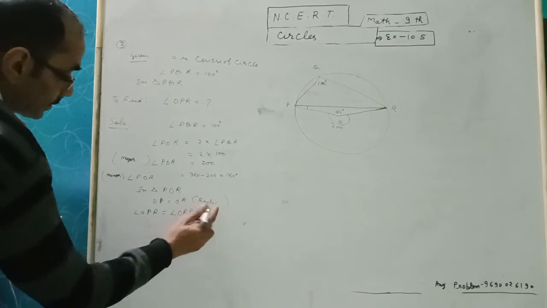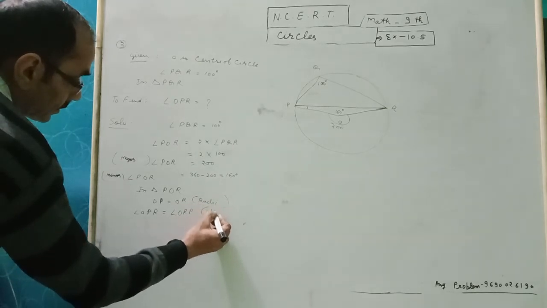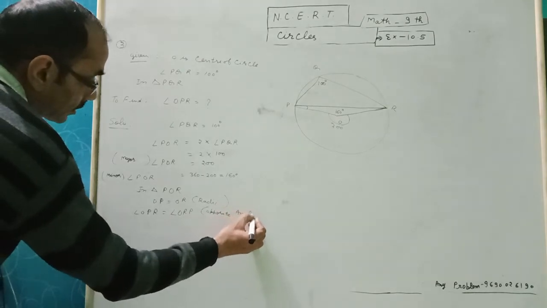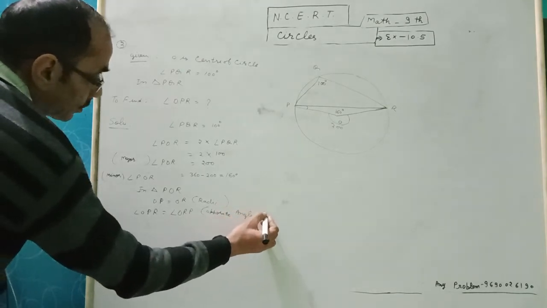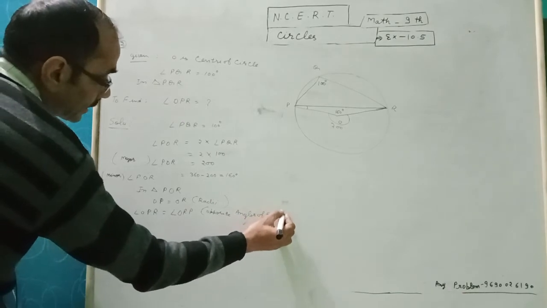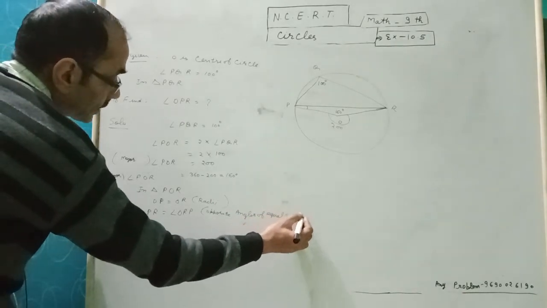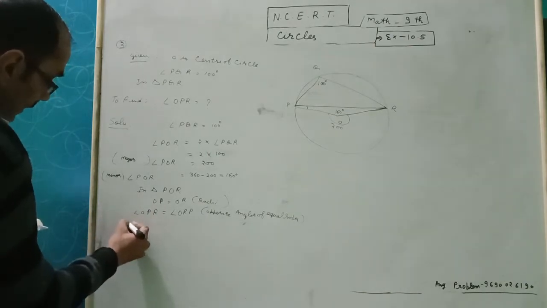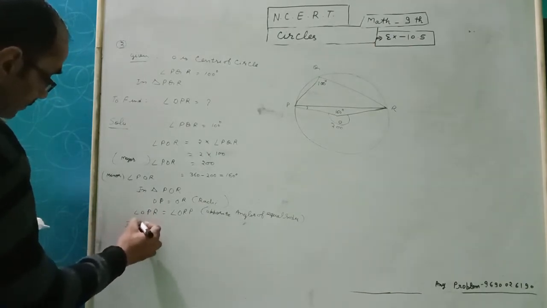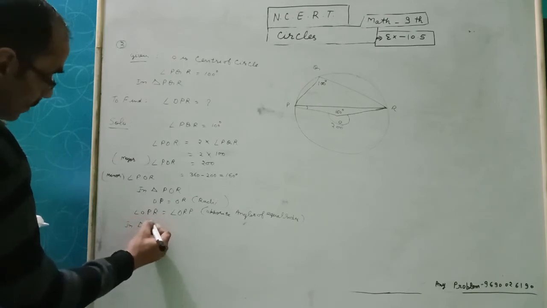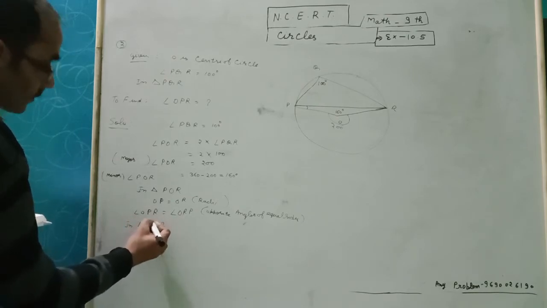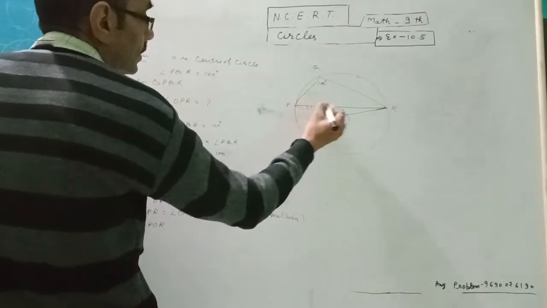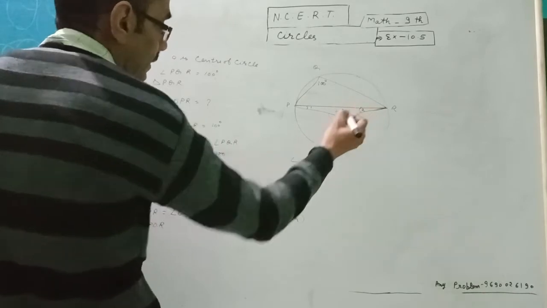Opposite angles of equal sides. In triangle POR, angle 1 and angle 2, write these names.